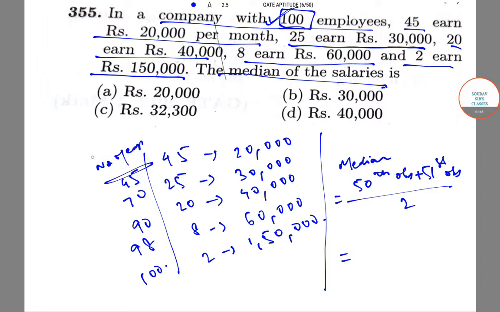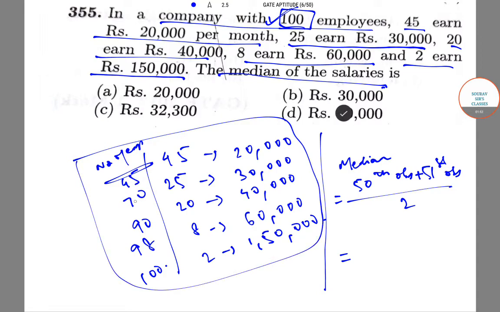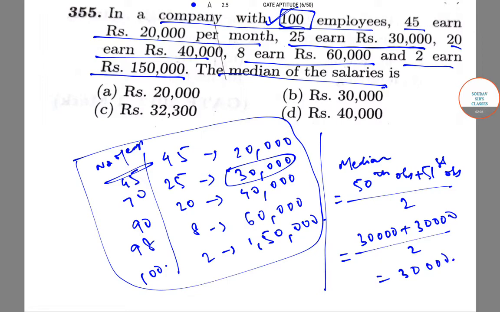If you look into this table, you'll see that the 50th and 51st observations both earn 30,000. So this is 30,000 plus 30,000 by 2, which is 30,000. So the correct option is option B.